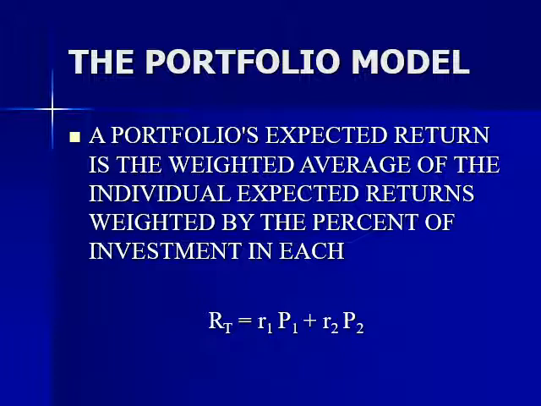So if we look at this equation, capital R_T is the expected return for the portfolio, and that's equal to the expected return for investment one, r1, times P1, the proportion of the portfolio that is investment one, plus the expected return for investment two, or little r2, times P2, which is the proportion of that portfolio that is in the second investment. So it's just a weighted average of the expected returns of the components of the portfolio.